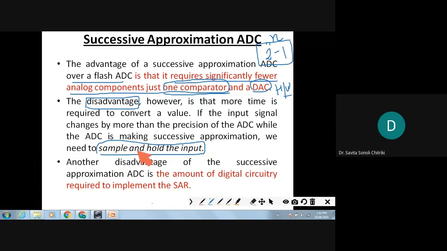So if the value changes while converting, then whatever the sample value is, you have to keep it separately. You would have read about the sample and hold circuit in digital electronics. There you have to keep the new data that is coming to the ADC. Another disadvantage of successive approximation ADC is the amount of digital circuitry required for implementation of the SAR.